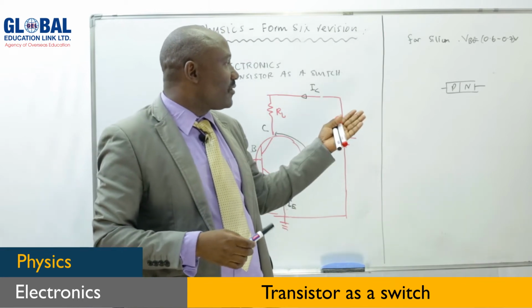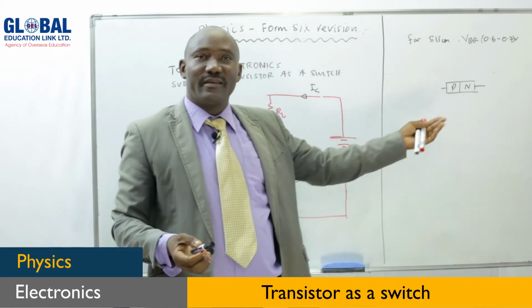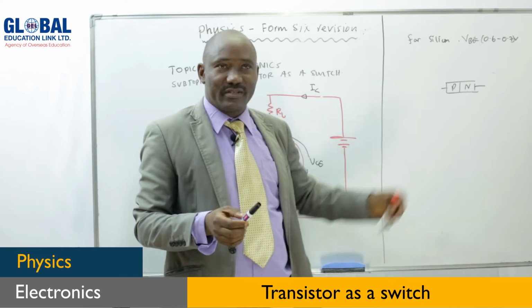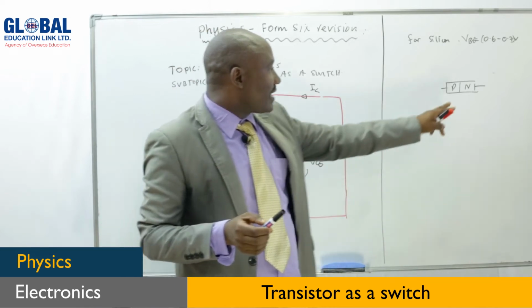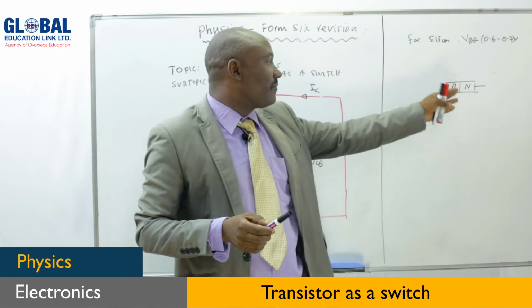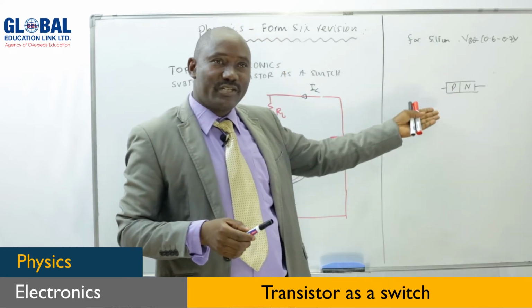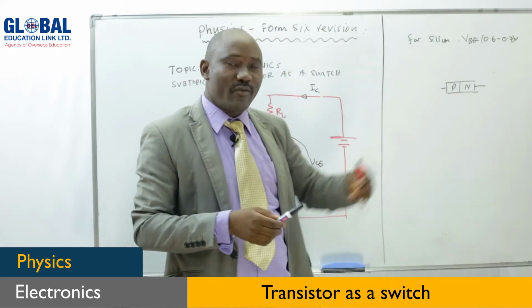And we say that in order for the current to flow in the forward direction, you have to supply some voltage. Now that voltage should overcome the voltage barrier which has been created there, and when you overcome that barrier, the current will flow.